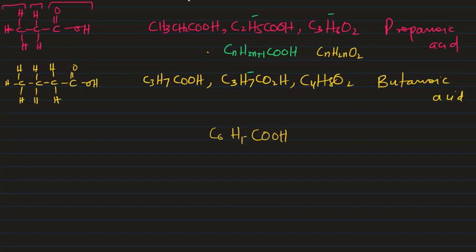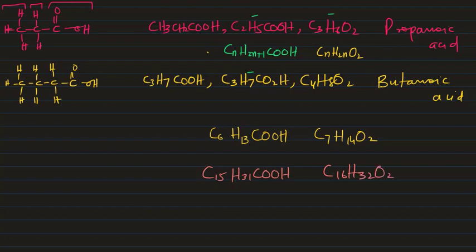So C6H13COOH. Or if you write it in this form, it would be C7H14O2. We can make any formula, like with C15, H would be 31 COOH, or it would be C16H32O2.